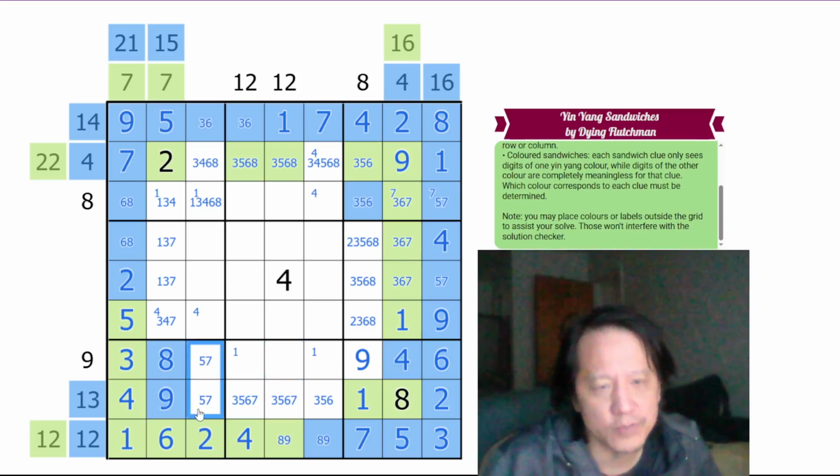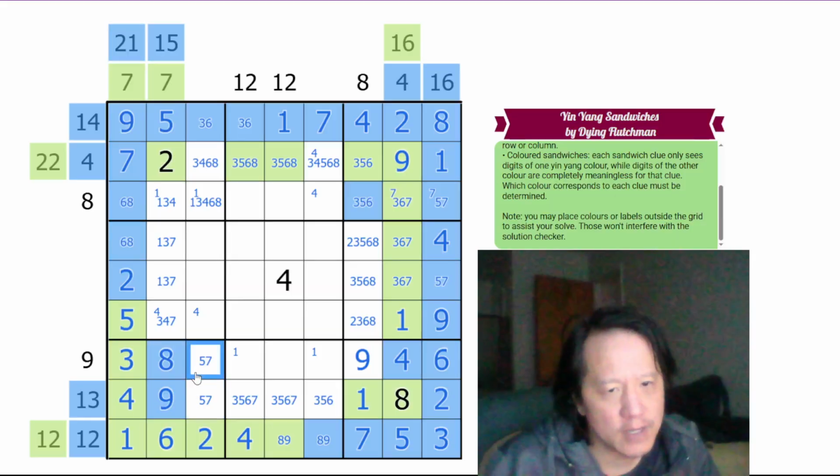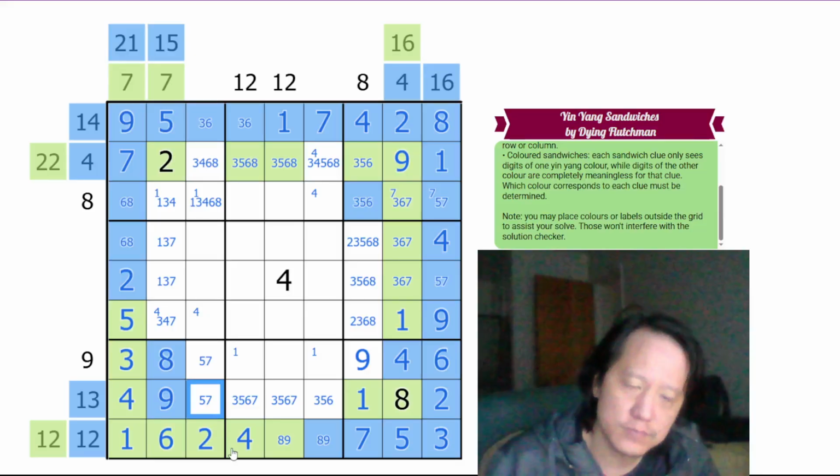One of these is green. If the 5 is here, that means it's green. I guess both of them could be green too. So, if this is blue, this is green.